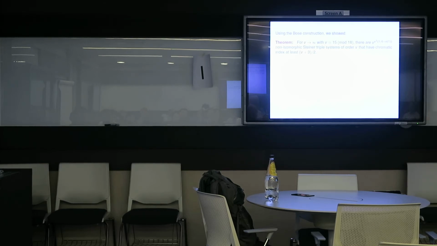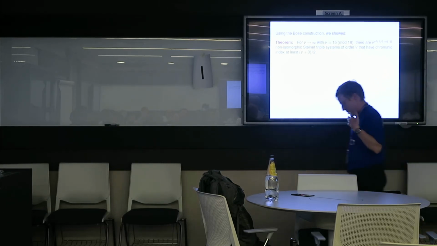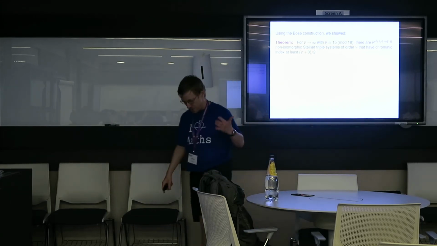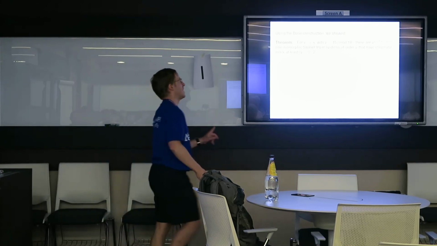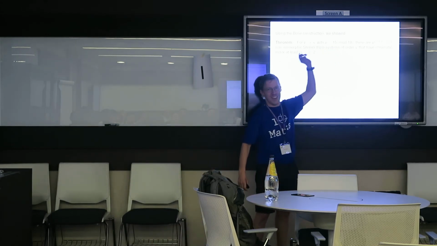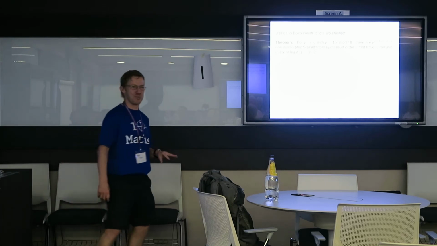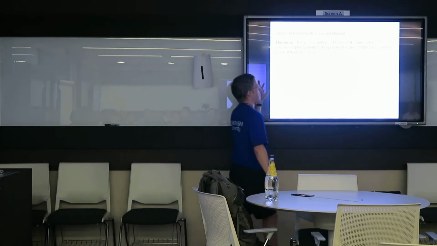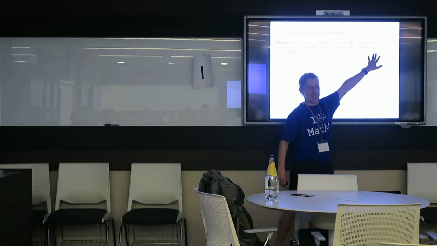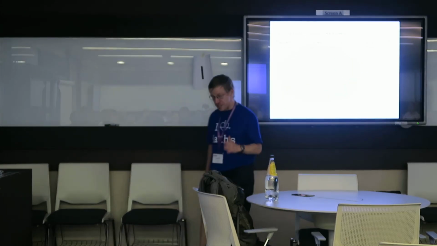You can use another one to say how to put triples between this pair, another one for this pair, and so you get 3 choices of quasigroup or Latin square in there, and they all work. Doesn't matter what you use, you get a high chromatic index when v is in this congruence class. And so, because you have lots and lots of choices for what to put in there, you get bucket loads of high chromatic index Steiner triple systems in this congruence class.